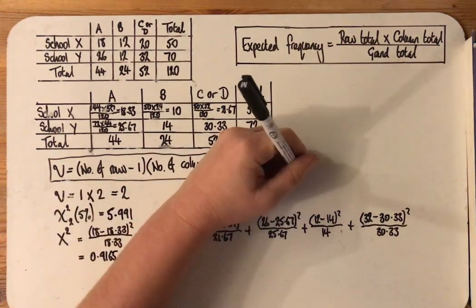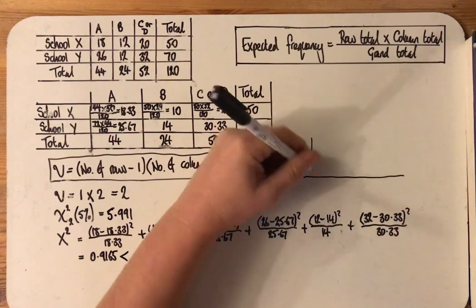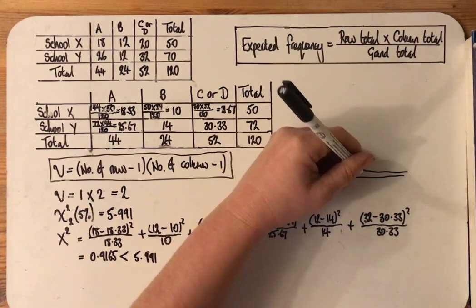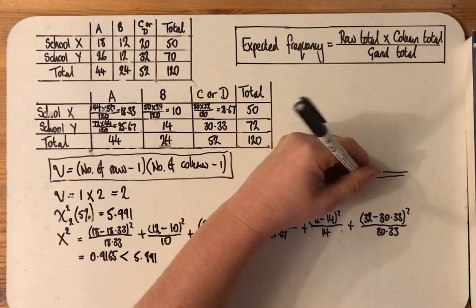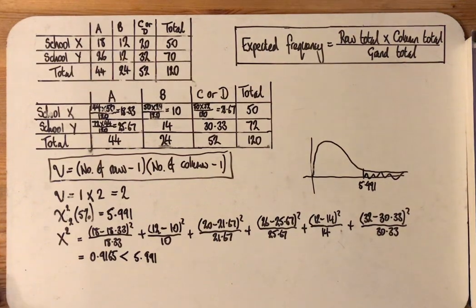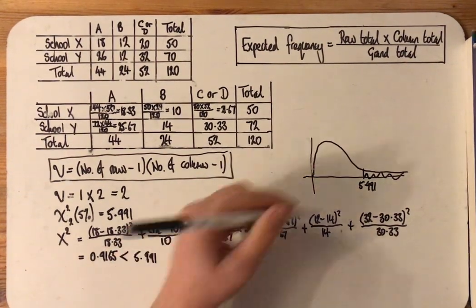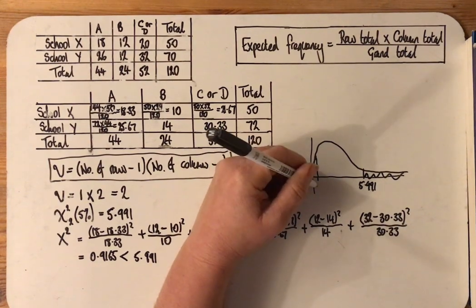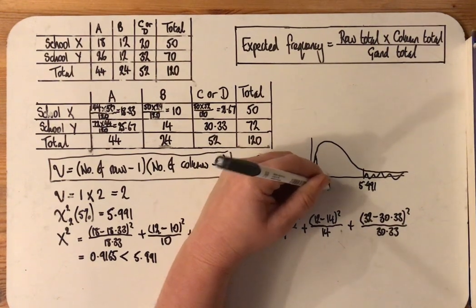So if you remember, the chi-squared curve, without worrying too much, is doing something a bit like that. We've got this critical value over here, and that area there's 5%, and we're very close to 0 here, really, aren't we? So we're kind of here somewhere at 0.9165.